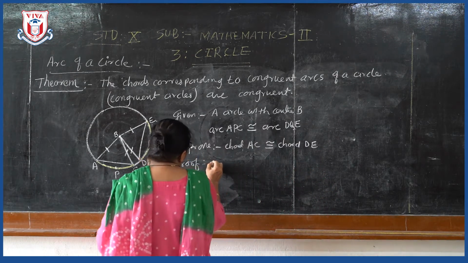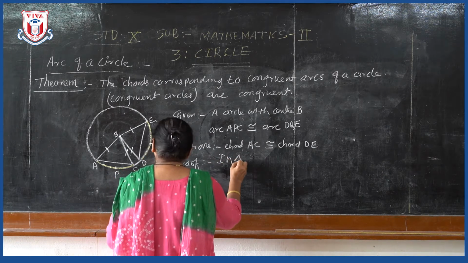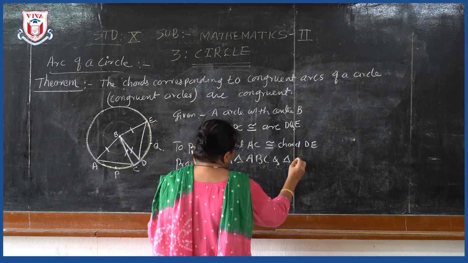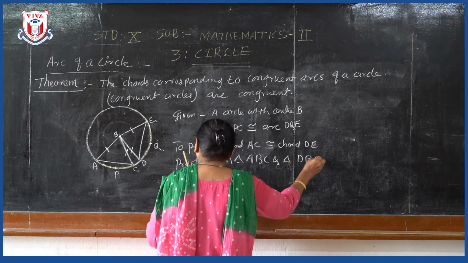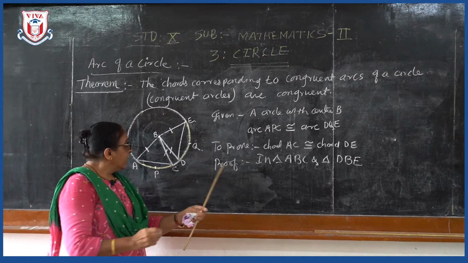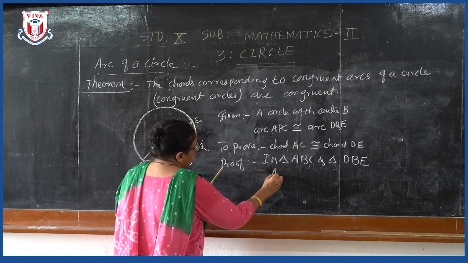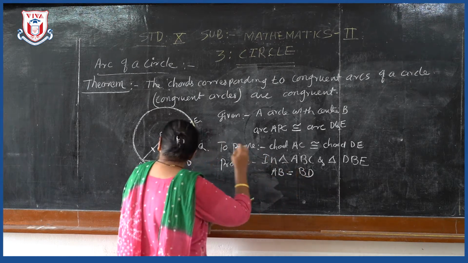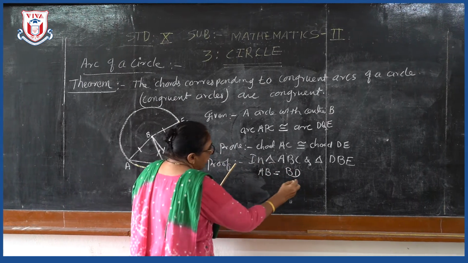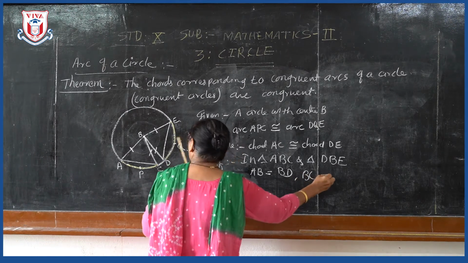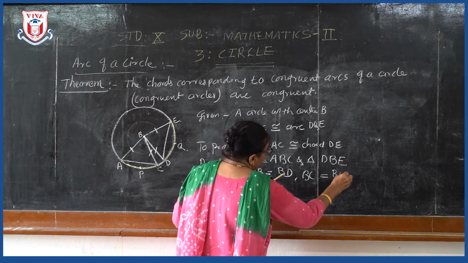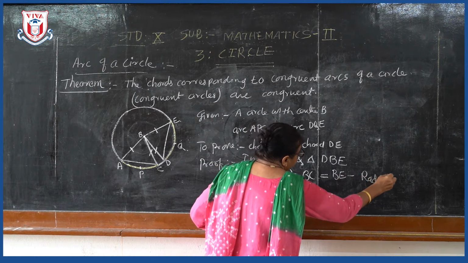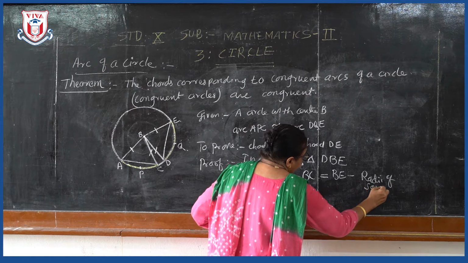So, in the proof we can write: in triangle ABC and triangle DBE, AB is equal to BD. Similarly, BC is equal to BE. The reason is radii of the same circle.